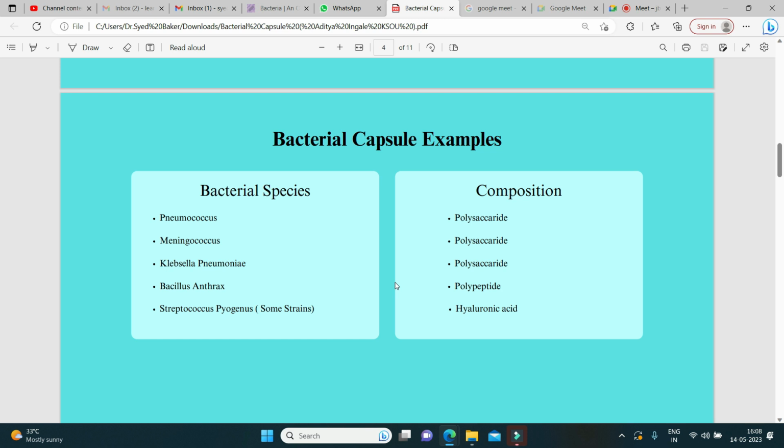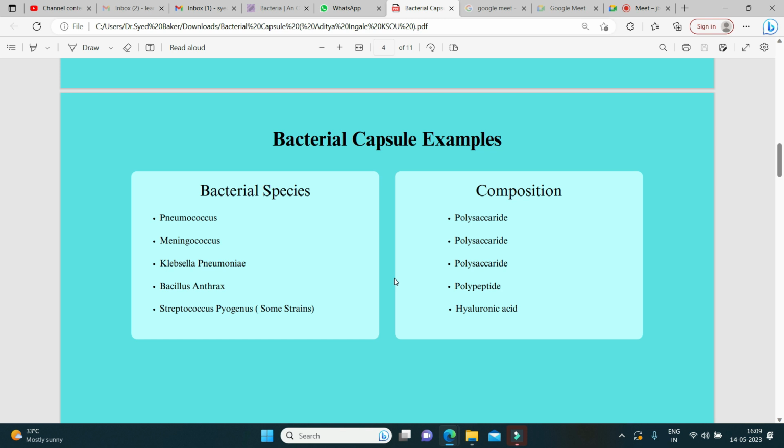So let's see a few examples of bacterial species and the composition of their capsules. First we'll see pneumococcus. These bacterial species show polysaccharide as the major composition of the capsule. Then meningococcus also shows polysaccharides. Klebsiella pneumoniae also shows polysaccharides.